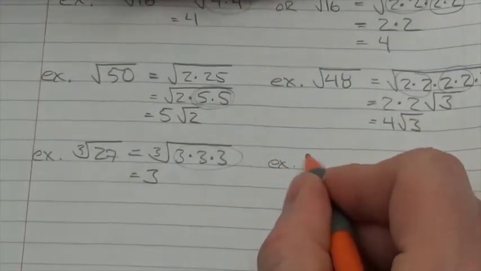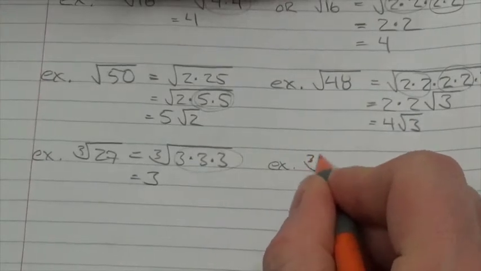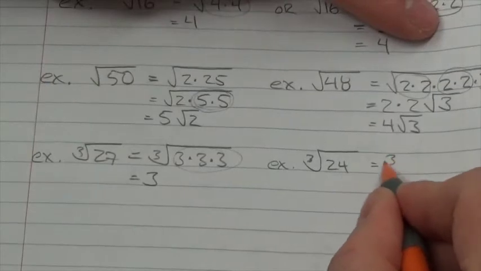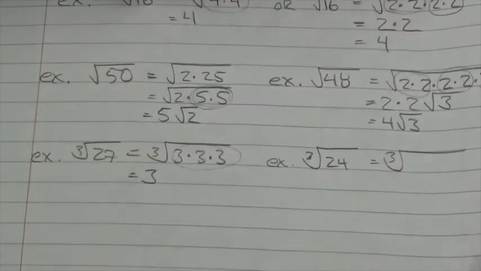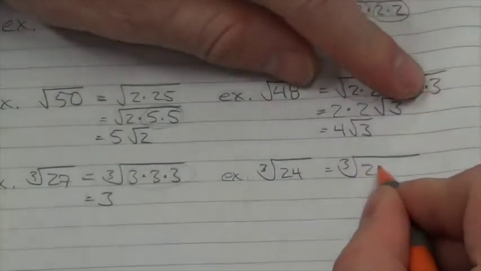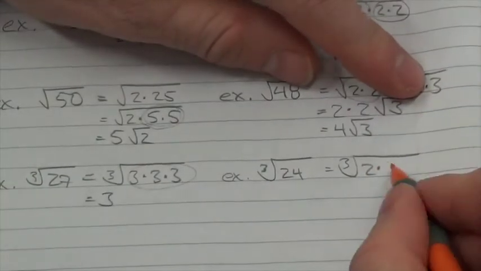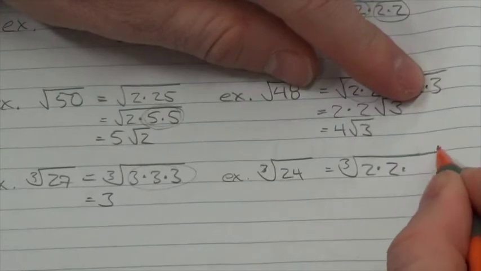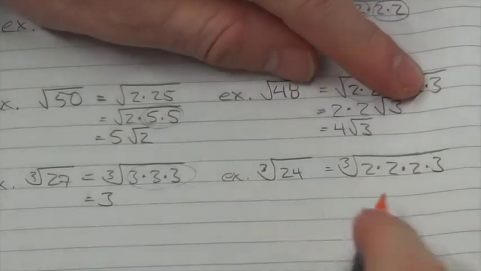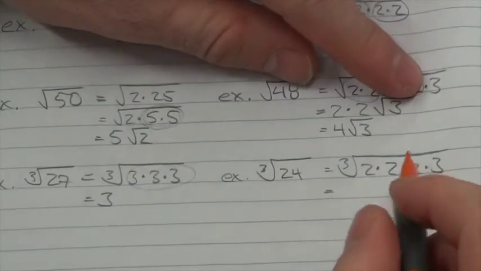For example, let's say that we were asked to come up with the cube root of, let's say, 24. Well, 24 is divisible by 2, which gets me 12. 12 is divisible by 2, leaves me with 6. 6 is divisible by 2, leaves me 3. Those are all the prime factors.